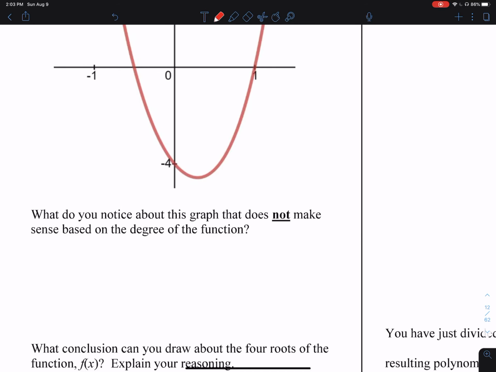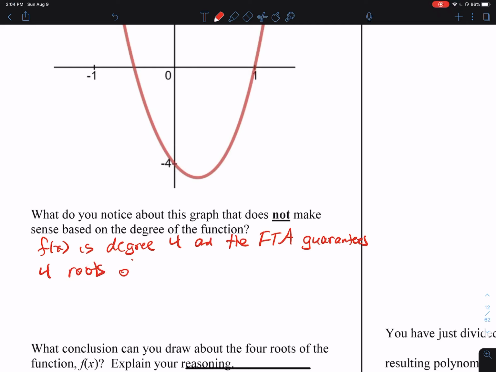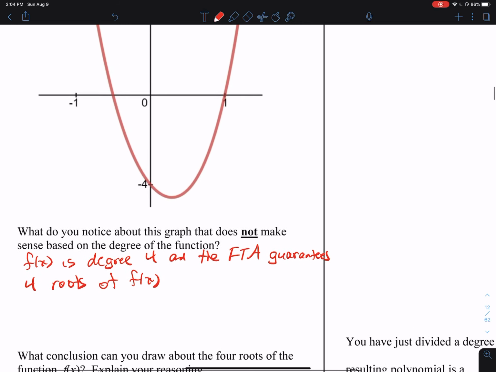So let's write that down. f of x is degree 4, and the fundamental theorem of algebra guarantees 4 roots of f of x, but the graph only shows 2 zeros, each with a multiplicity of 1.